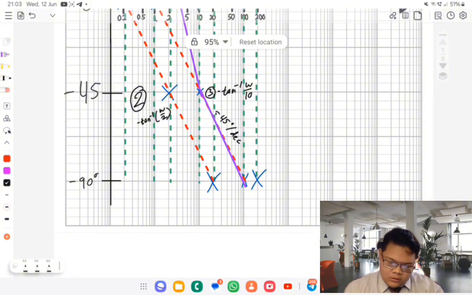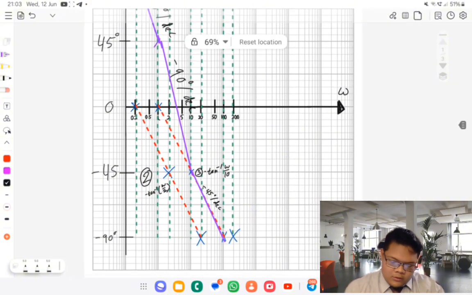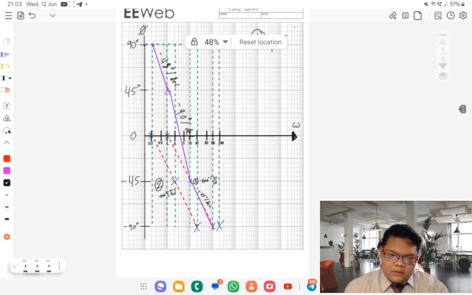Okay, so the purple line is the phase graph. Okay, so that's all from me for the phase graph. Thank you.